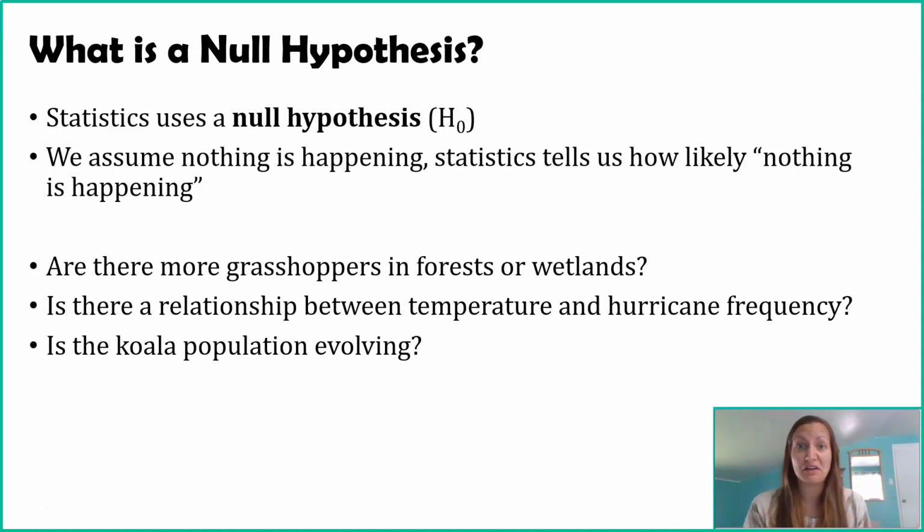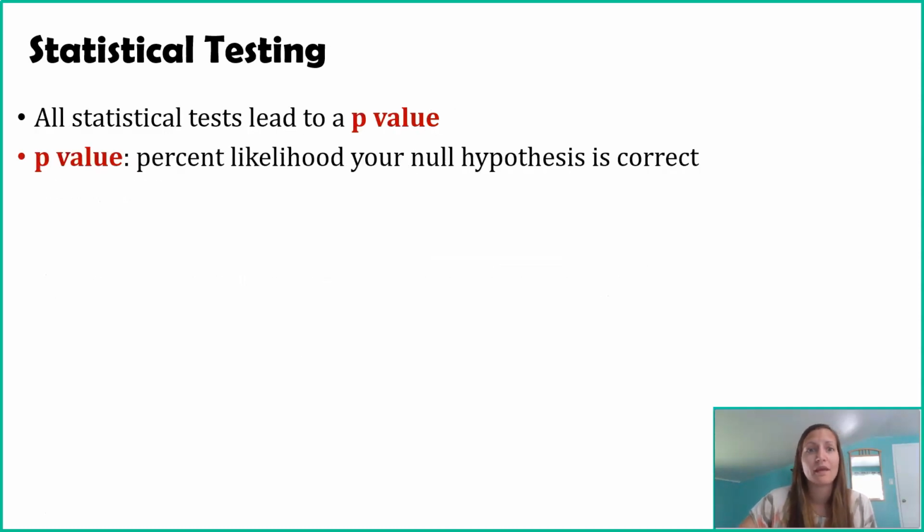It is null, it is void. So the koala population is not evolving. Or you could say the koala population is in Hardy Weinberg equilibrium. Remember, Hardy Weinberg equilibrium says the population isn't evolving. So all statistics, whether it's Hardy Weinberg testing or any other testing, relies on a null hypothesis.